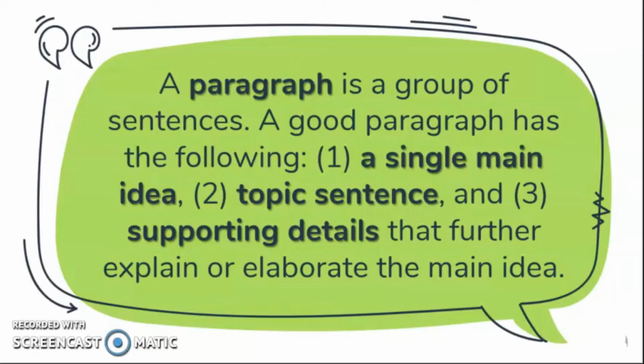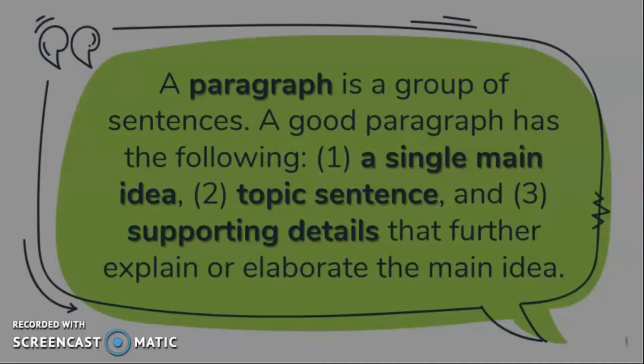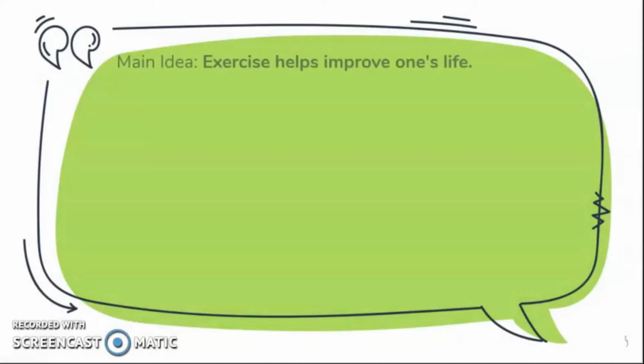The main idea is the main point or central idea in the paragraph. It is stated in the topic sentence, which can be found in the beginning, middle, or end of the paragraph. Then, the main idea is elaborated, supported, or explained by supporting details or supporting ideas in the paragraph. Let's take a look at the given example.